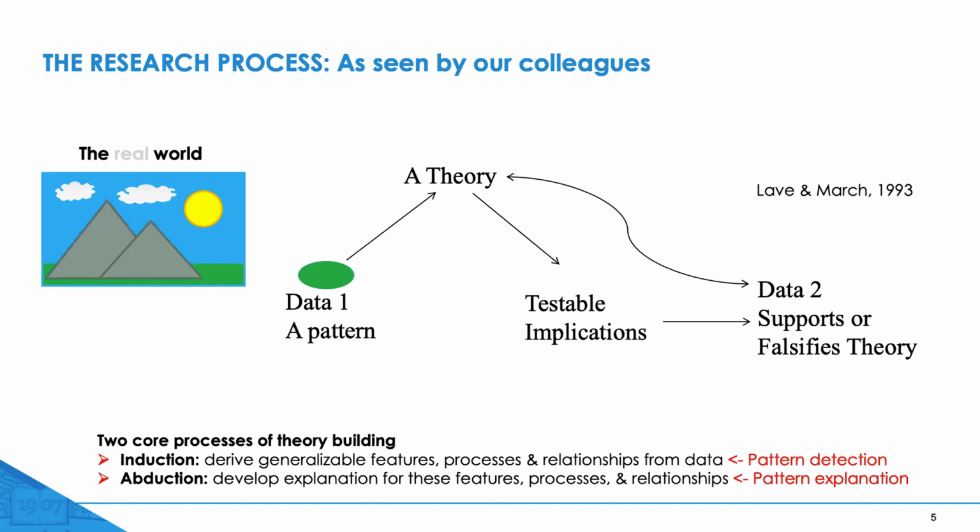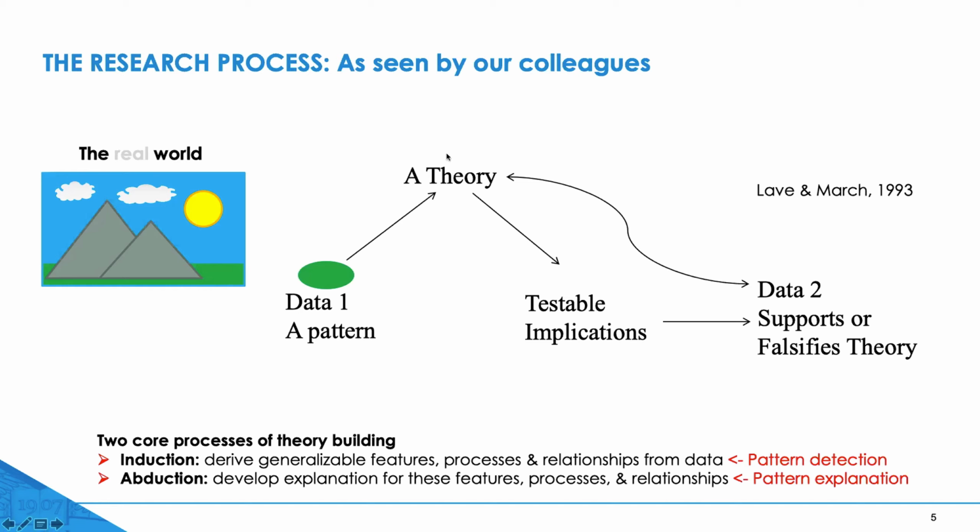There is this research process I stole from financial slides. And I think what informed all of us is the idea and the process that's elaborated in March's classic book. So we start with the real world and with the phenomena that we find interesting and we want to understand better. So with a set of data about that phenomenon, we could inductively derive a pattern.